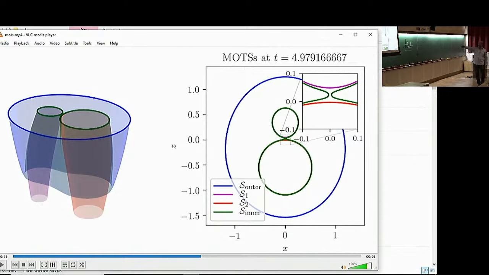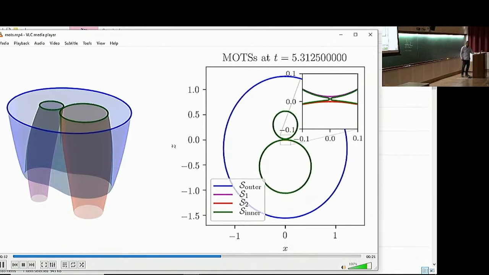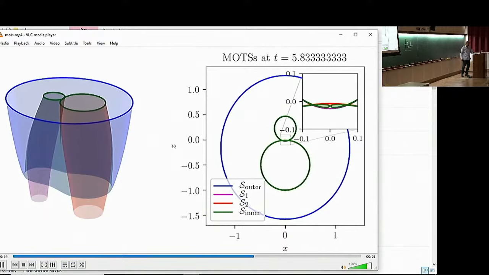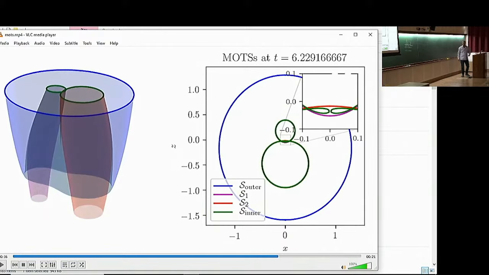Now you'll see a close-up of what is happening. Here it's getting extremely distorted, this green one. And this shows a close-up of this interesting region here. You see then that the two individual horizons, S1, S2, penetrate each other, they go through each other.